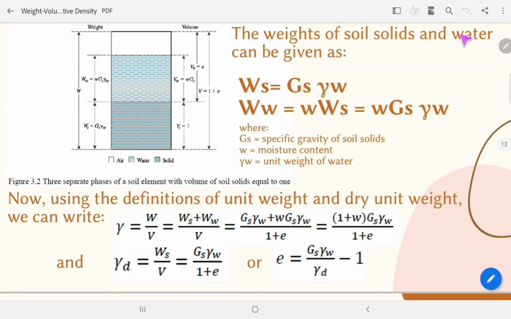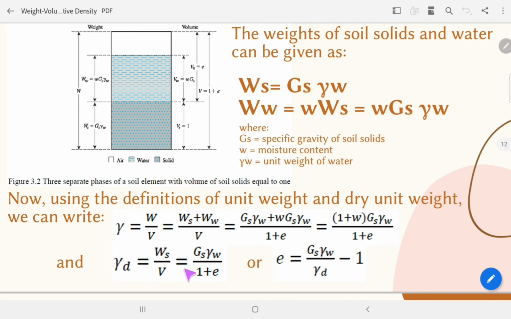Of course, we can also get gamma dry, as we learned a while ago. That is weight of the soil solids over the volume of the soil sample, and the weight of the soil solid is GS gamma water all over the total volume, which is 1 plus e. Or we can manipulate this equation.